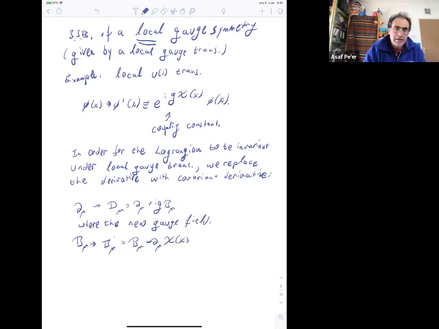Just as in the case that we did previously, for the Dirac Lagrangian for example, requiring local gauge invariance implies that there exists a new gauge field, which has well-defined gauge transformation properties.